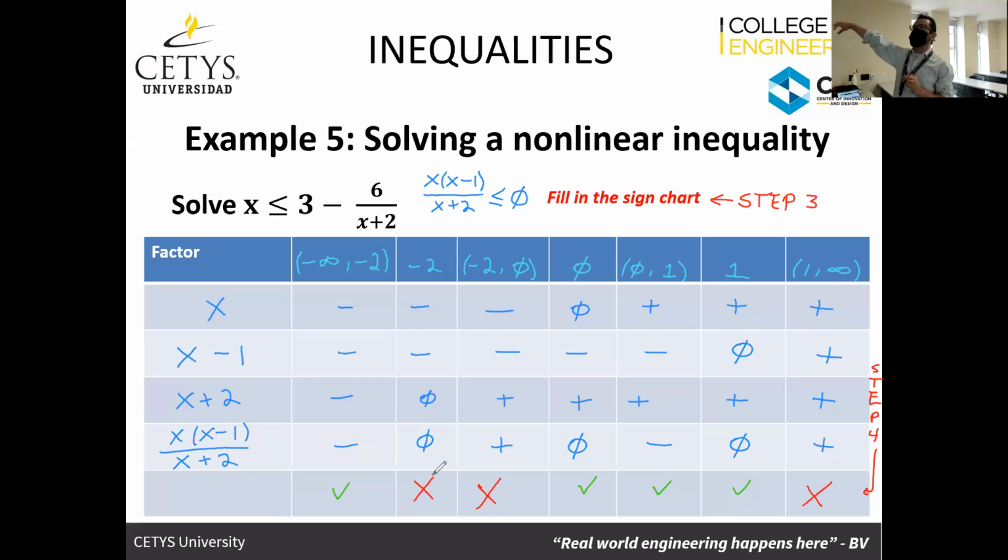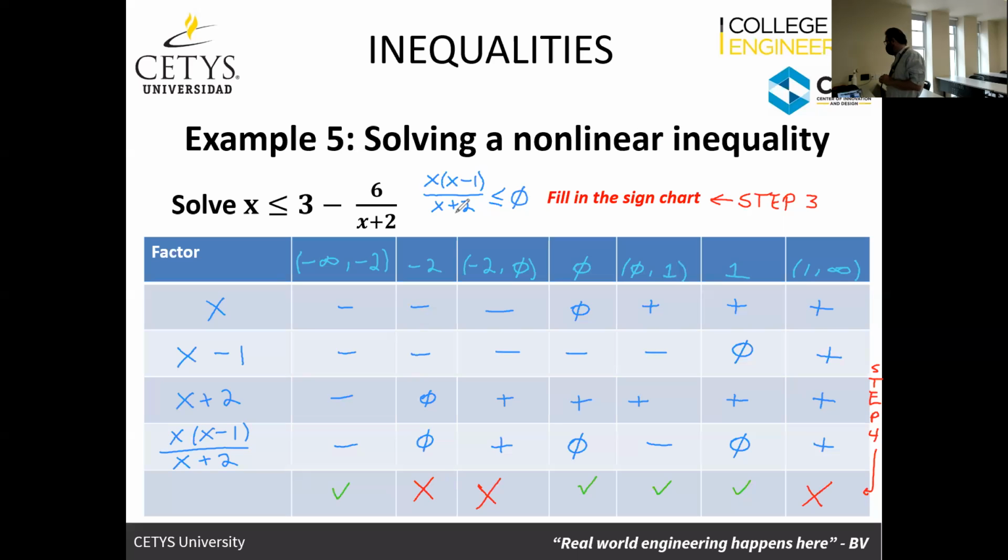Those are automatically going to be eliminated because we can't have a denominator being 0, because that generates an infinite value. And besides, a denominator 0 that makes the whole quotient be infinite, positive infinite or negative infinite, in the end does not comply with any inequality that's larger than or less than. So we eliminate those.